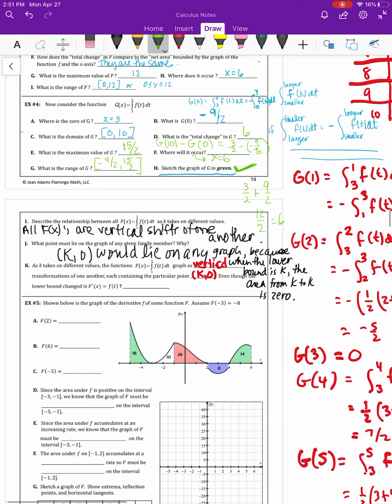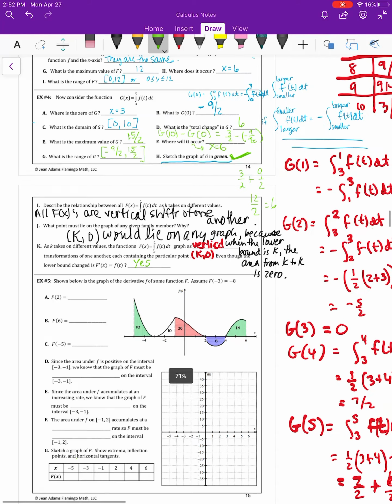So it's asking, even though the lower bound changed, is F prime of x equal to f of t? And your answer is going to be yes.